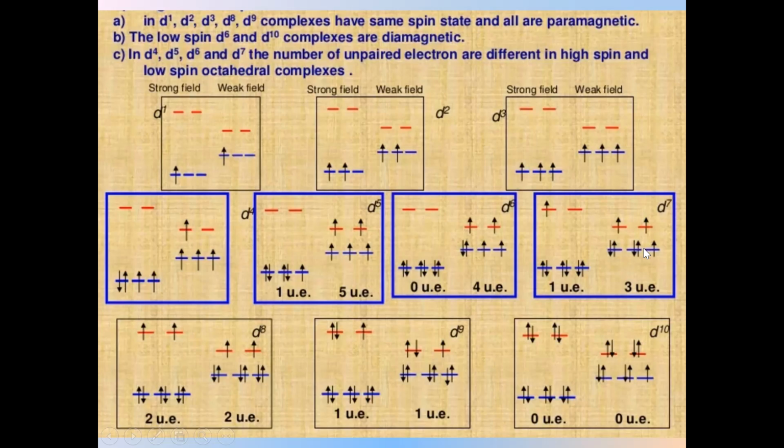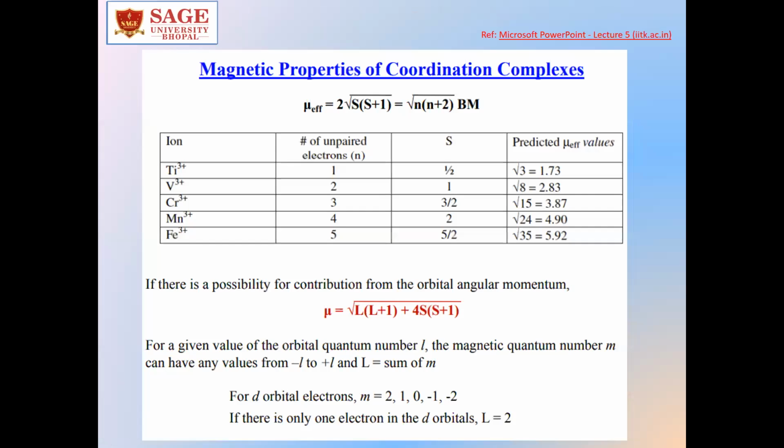So like this, if we are able to know or calculate the number of unpaired electrons, then putting the value of n in this formula, we will be able to get the value of mu spin only, that is the value arising from the spinning motion. And also, as we will know the number of unpaired electrons in the d orbitals, from there we will be able to calculate capital L also, because we know the m values for the 5 d orbitals are 2, 1, 0, minus 1 and minus 2.